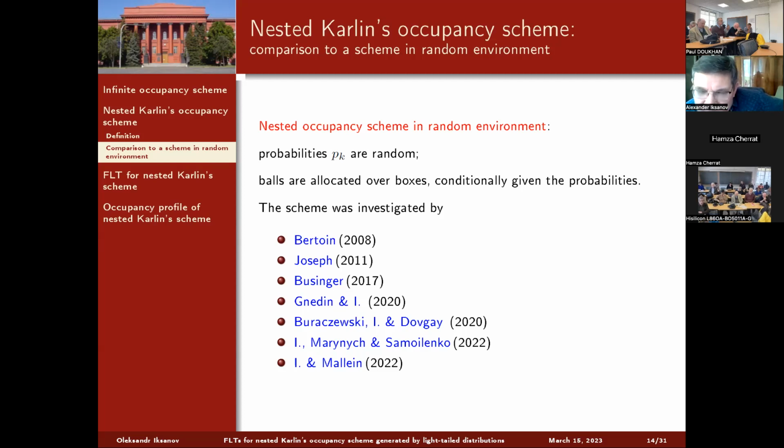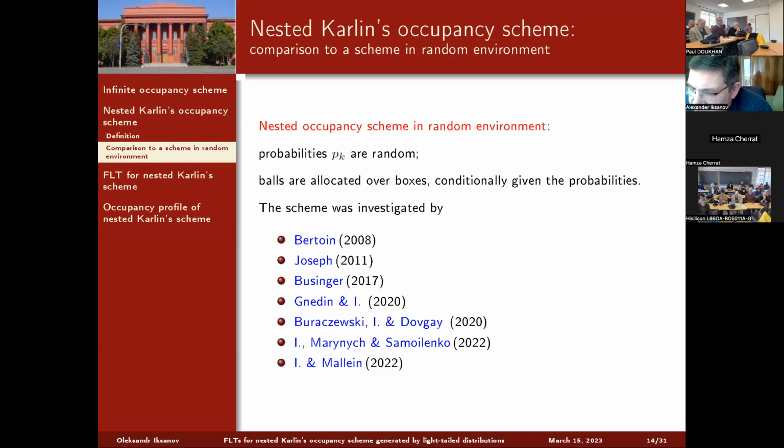Well, why is that? Because as far as deterministic probabilities are concerned, the behavior of the scheme is only driven by randomness of sampling, that is, randomness of how you distribute balls into boxes.